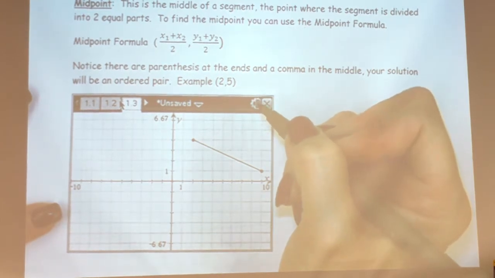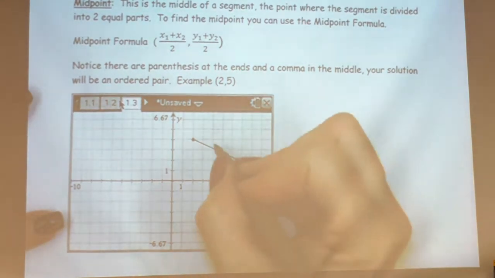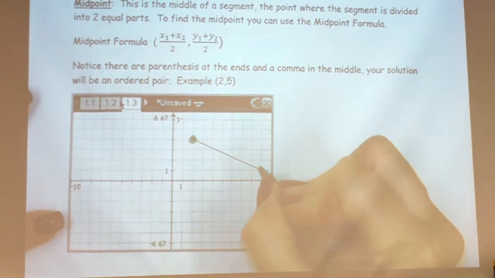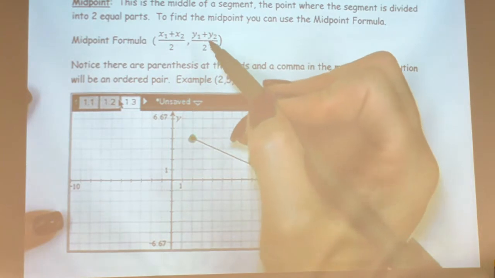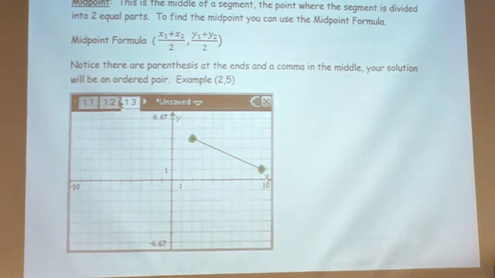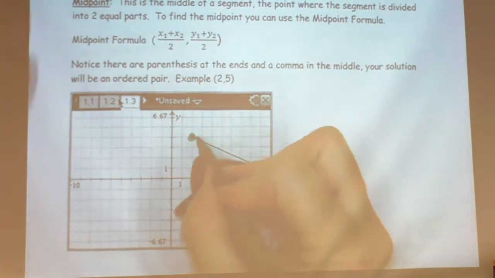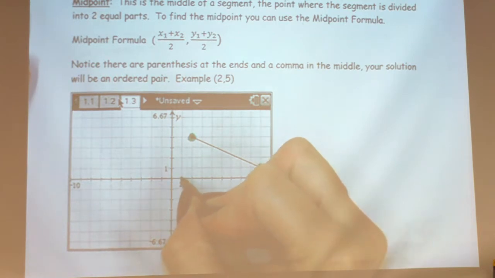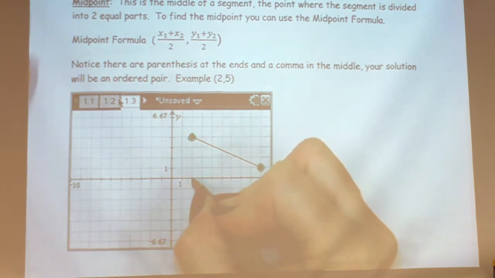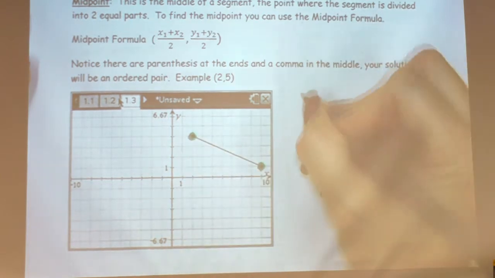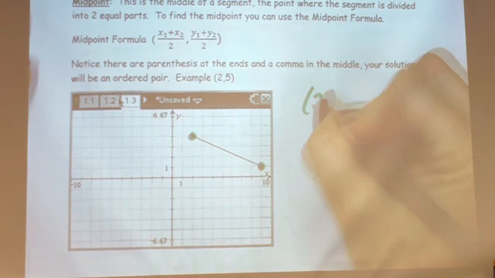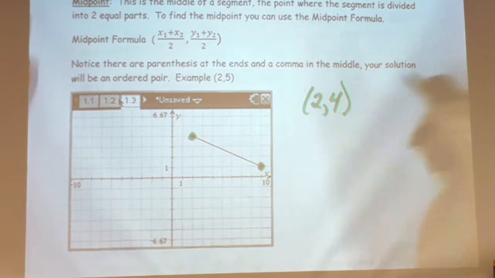So let's go through and figure out what my endpoints are in order to plug in my x1 and x2, y1, y2. Okay? So if I find the endpoint here, I go over 1, 2, and up 1, 2, 3, 4. So my first point is 2, 4.